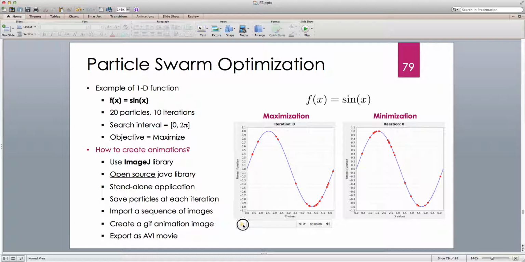I'm going to play this one more time. This shows that we have 20 particles and their position, or the x coordinates, converges eventually to the maximum, and here we had the minimum, and all of the swarm basically converges.